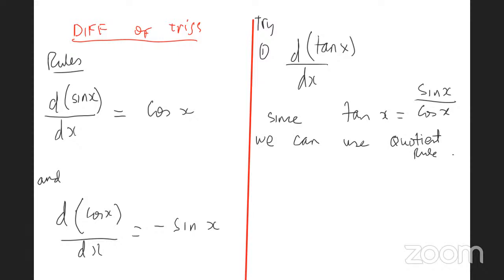You understand what to do? Go back and use the quotient rule. Of course, you'll recognize that here is your u, and here is your v. Yeah, correct, Aidan, but we're not using that version. But that's correct.